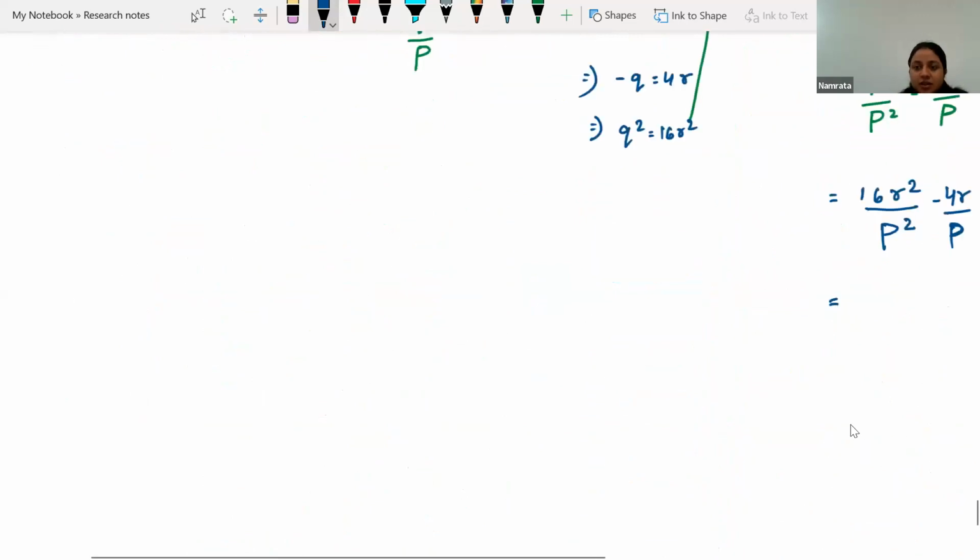Let's see what can be done here. If we take the LCM p square, here we have 16r square and here we have 4rp.